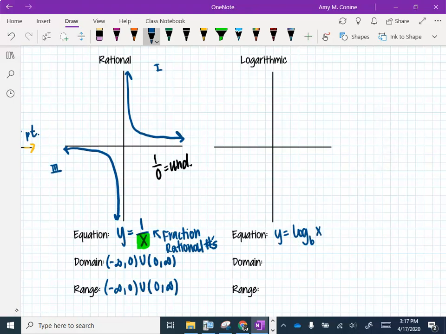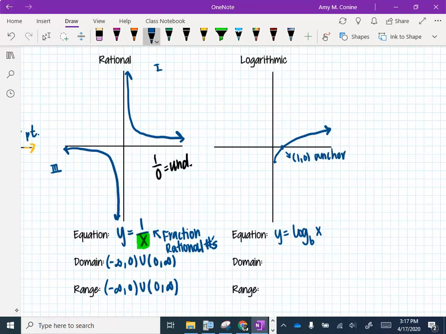So really what this looks like is, again, you have this function, and this will get really close to the y-axis. It also has an anchor point.